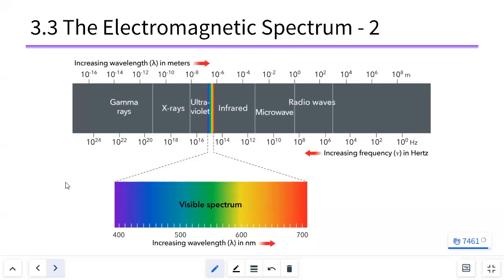It is a continuous blur of color from red at the low energy side to violet at the high energy side. The electromagnetic spectrum is a continuous spectrum. One frequency blends right into the next and into the next and into the next.